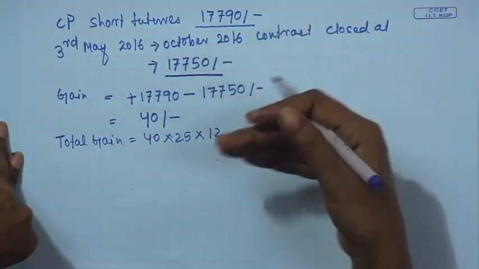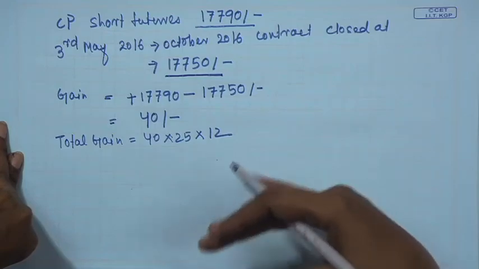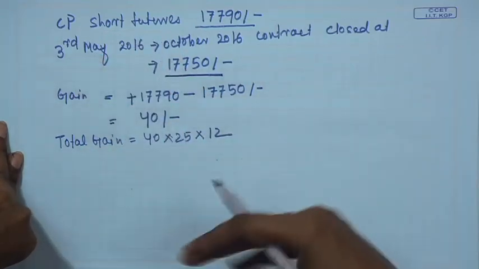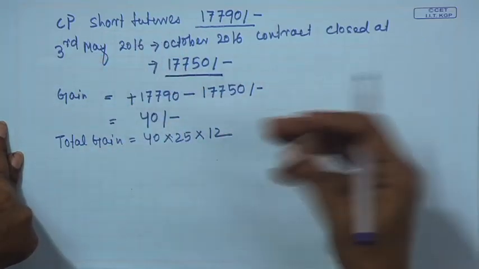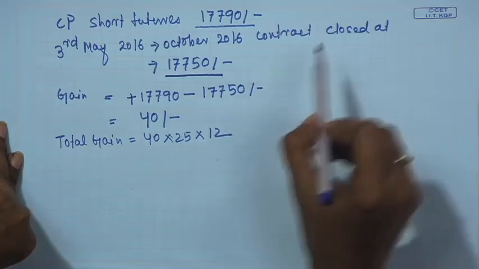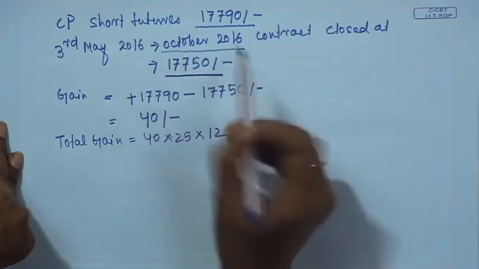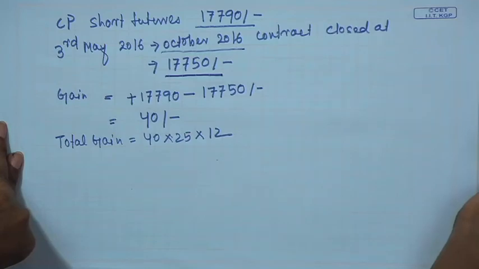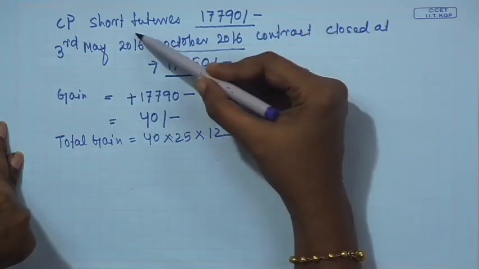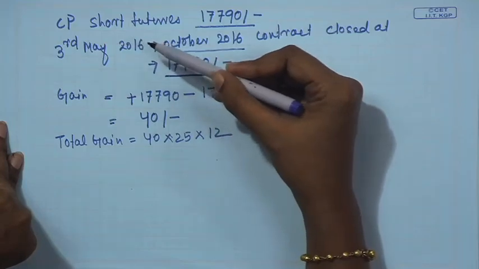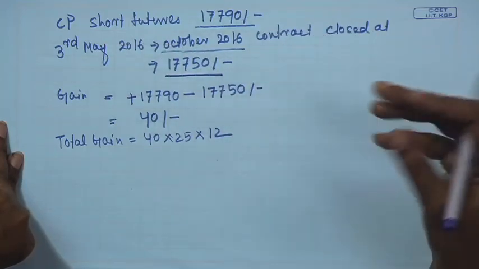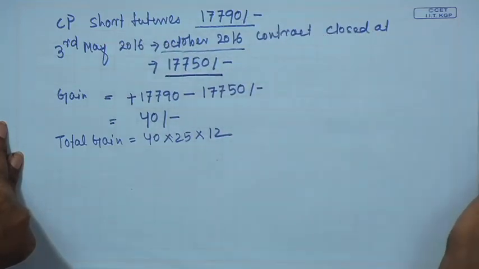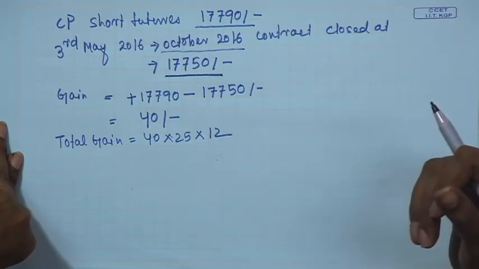The same process will go on till this cotton producer squares up his position. If he does not square up the position till this October 2016 contract comes to an end, then it will lead to a delivery. This party will deliver the underlying, and whoever is the counterparty will take delivery of the underlying, that is a cotton contract.